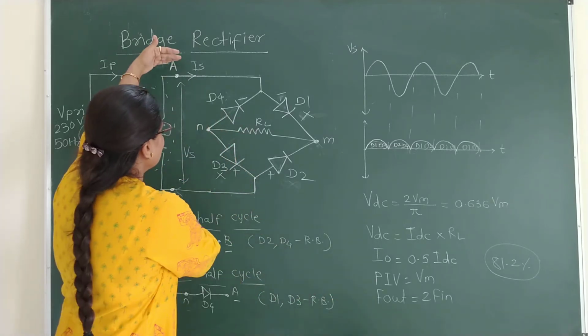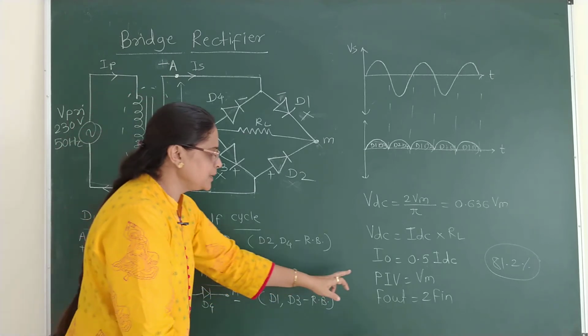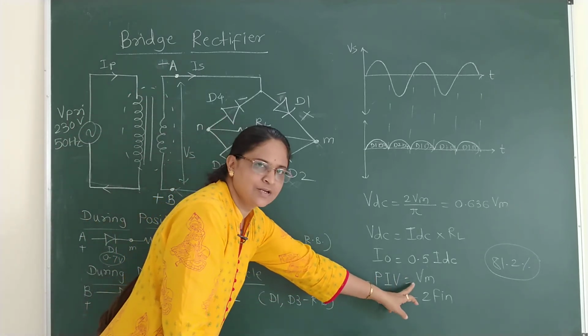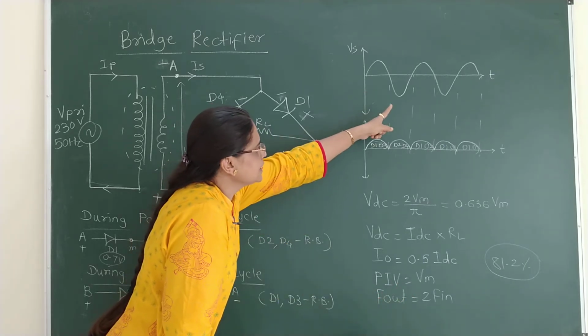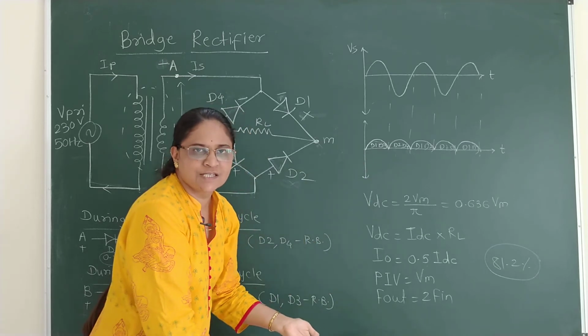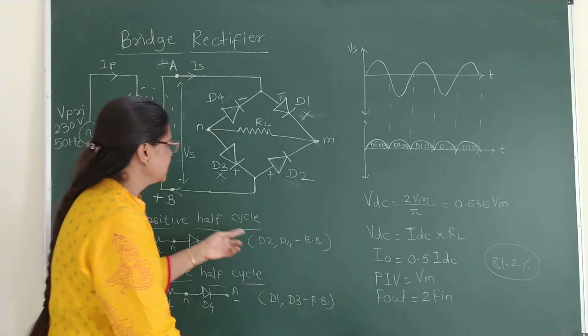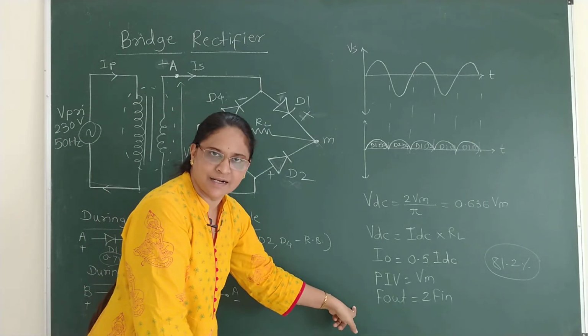PIV, the total secondary voltage, is useful for forward bias as well as for reverse bias. So the peak inverse voltage required for every diode is Vm, and F out: for one cycle it gives 2 output cycles. So the output frequency is double the input frequency. If the input frequency is 50 Hz, the output frequency becomes 100 Hz.